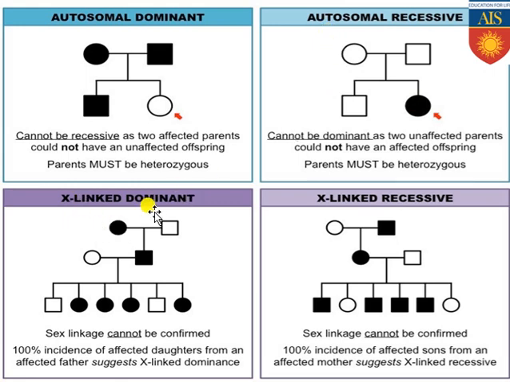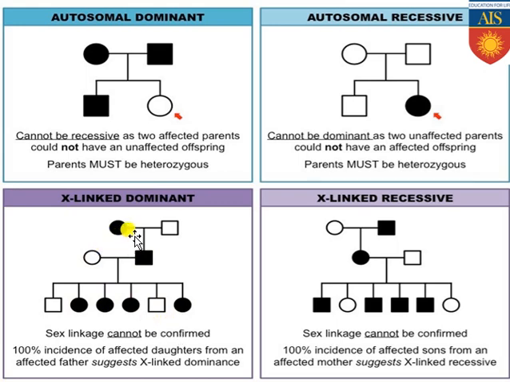If you consider the X-linked dominant trait, obviously you can see in each and every generation the affected individual will be present, so for that reason it will be a dominant trait. And sex linkage cannot be confirmed from this pedigree chart, but if you look very carefully, you can see that the mother is affected, and the one son who is born is affected. That affected son, the father, marries another unaffected female, but when that son produces the next generation, 100% of the daughters are affected.